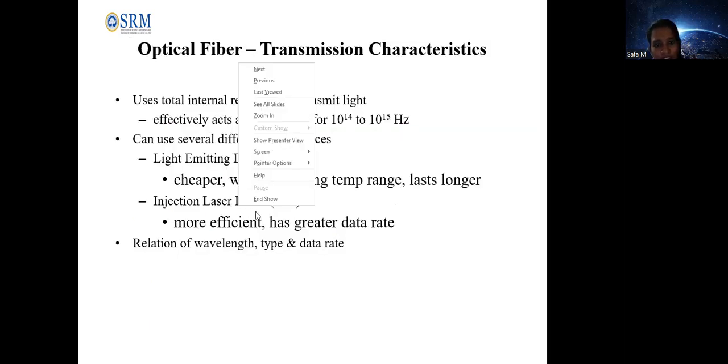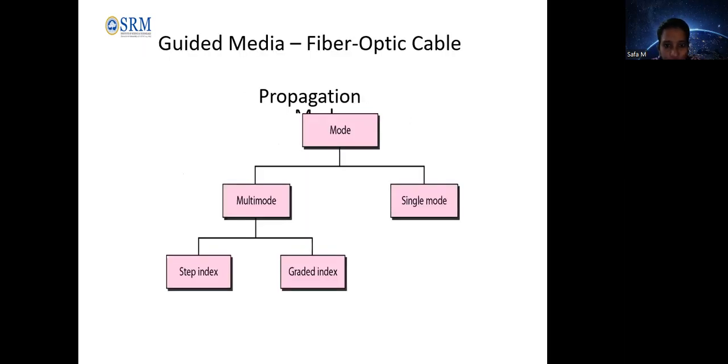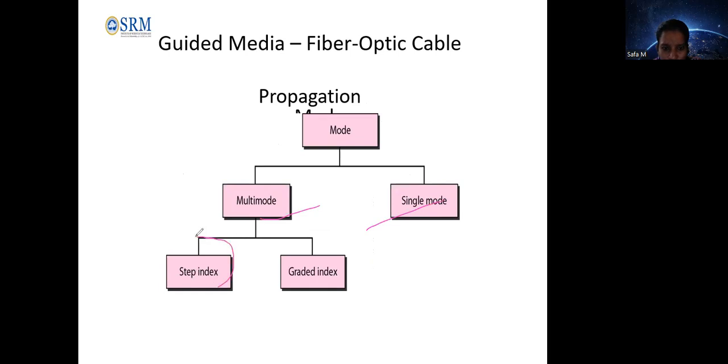The light source is very cheap and works over a range of temperatures. Light emitting diodes and injection laser diodes are both used here. We have the modes to consider: multi-mode and single mode, and step index and graded index.